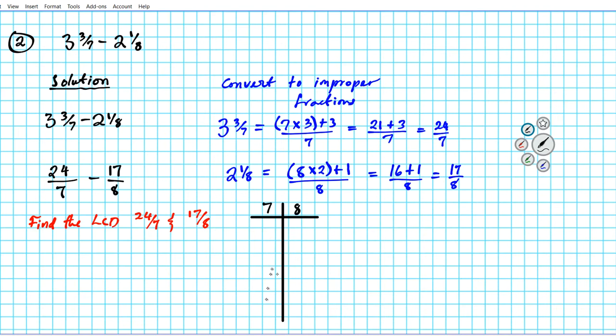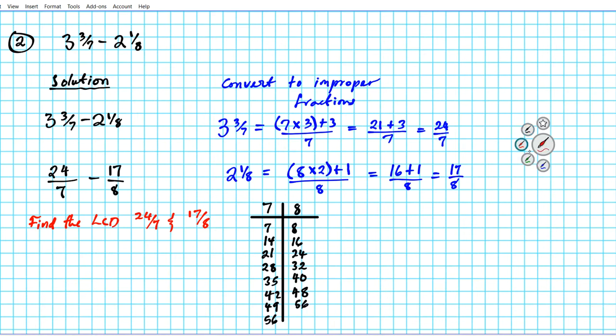Multiples of 7 all the way to 8. So 7 times 1 is 7, 7 times 2 is 14, 7 times 3 is 21, 7 times 4 is 28, 7 times 5 is 35, 7 times 6 is 42, 7 times 7 is 49, 7 times 8 is 56. Multiples of 8: 8, 16, 24, 32, 40, 8 times 6 is 48, 8 times 7 is 56.